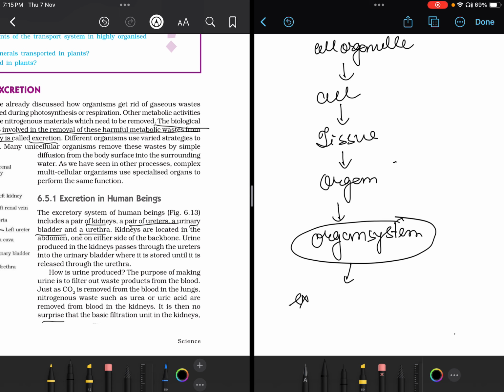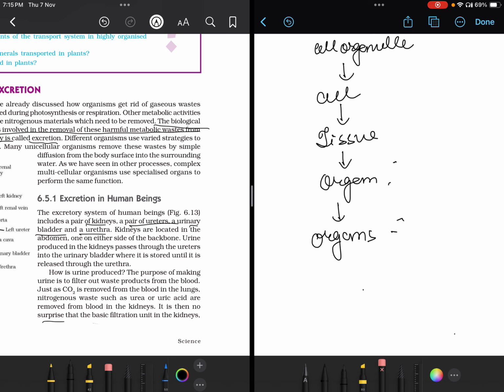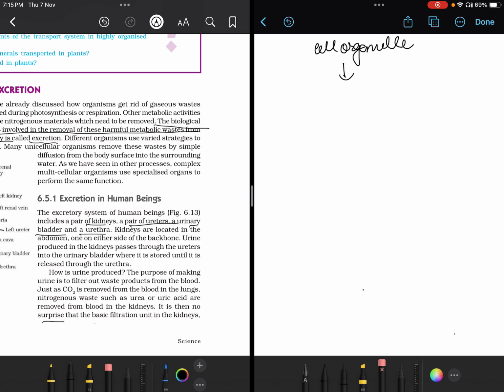Likewise, excretion is a part of this organ system, and various organs are there. These organs are kidneys, ureters, etc. So it should be very, very clear, and you should not get confused between organ, organ system, etc. So remember this flowchart in your future.